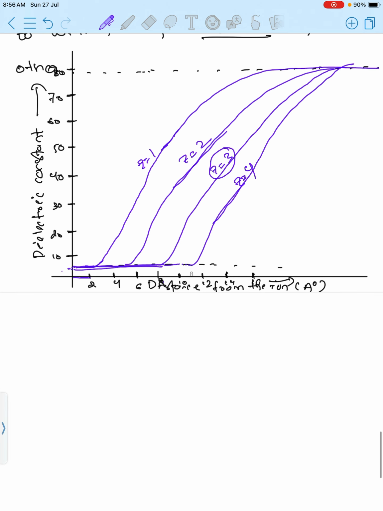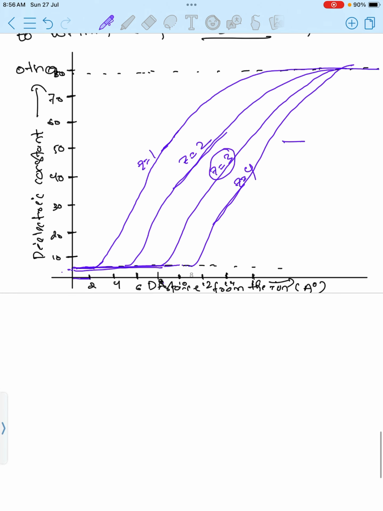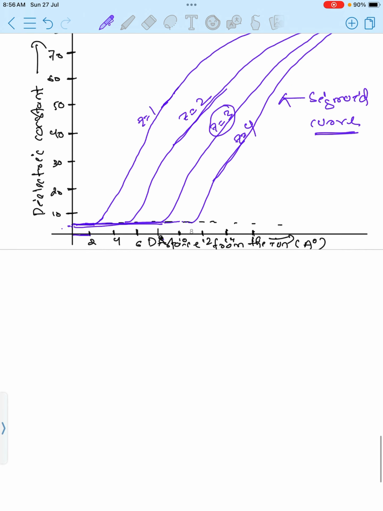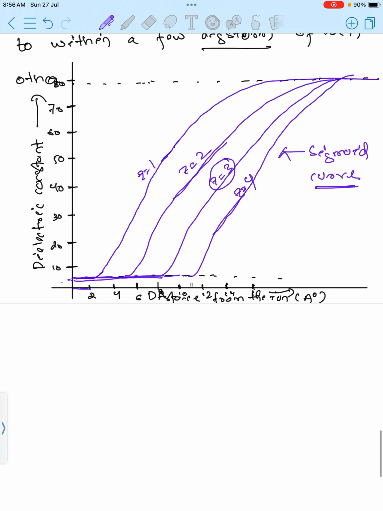Okay, this is the sigmoid type of curve, S-shaped curve. Okay, and this graph is talking about the differential dielectric constant as a function of distance from the ion.